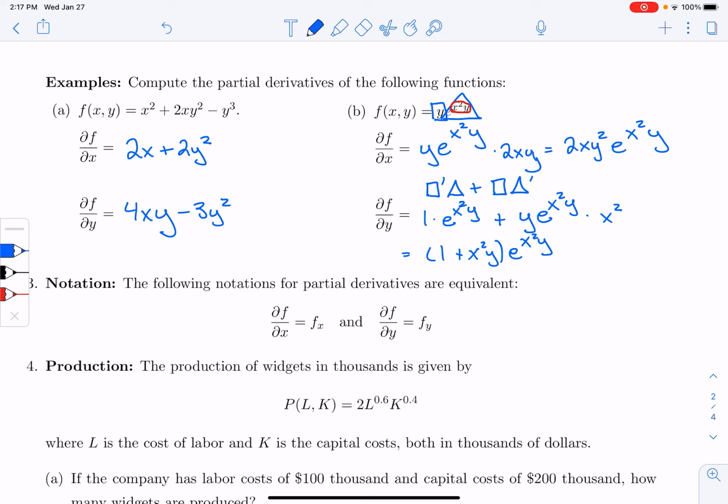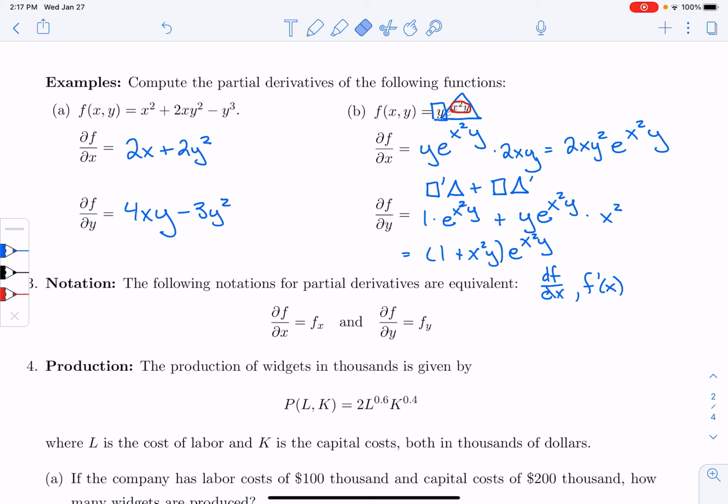One last thing I want to bring up is that there are actually several notations for partial derivatives. Just like we had df dx or f prime of x, we can have an alternate notation for partial f, partial x. That notation is f sub x.